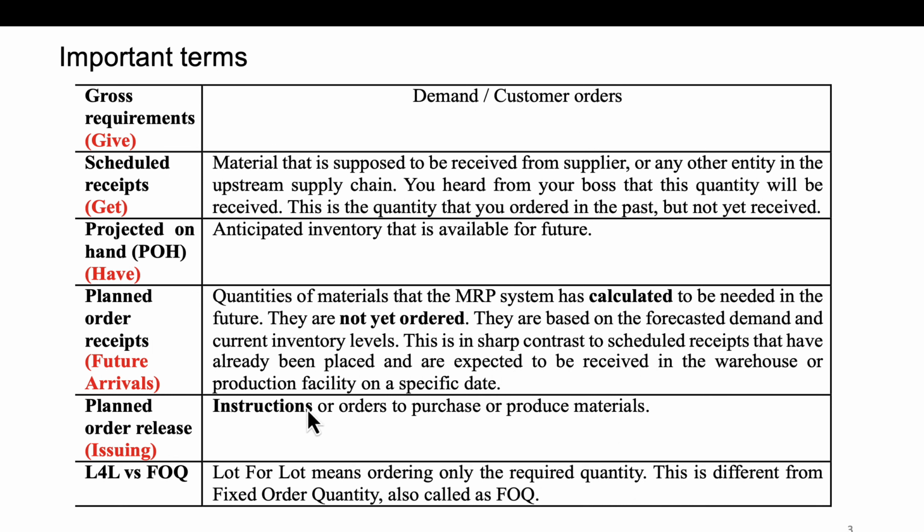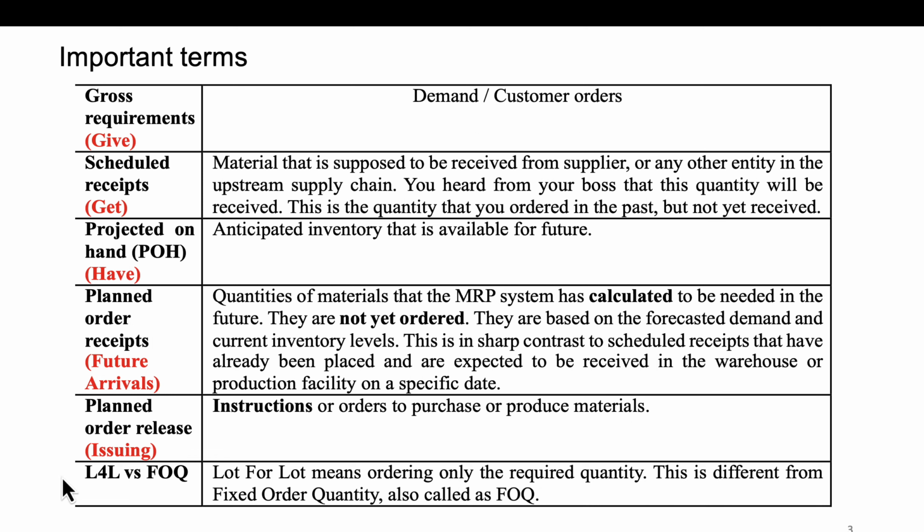The last thing is ordering strategy, whereby we can have fixed order quantity, whereby every time we place an order, we place a fixed quantity. For example, if an order is placed every week and the lot size is 100, fixed order quantity would mean that every week we place an order of 100. But lot for lot means that there is no fixed quantity, and the order that will be placed depends upon the requirement.